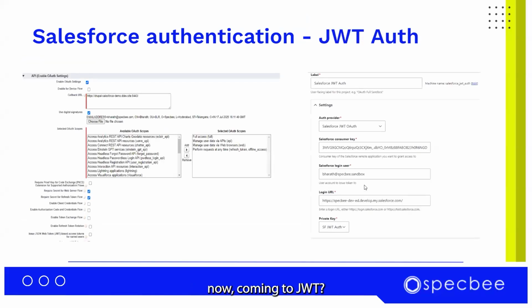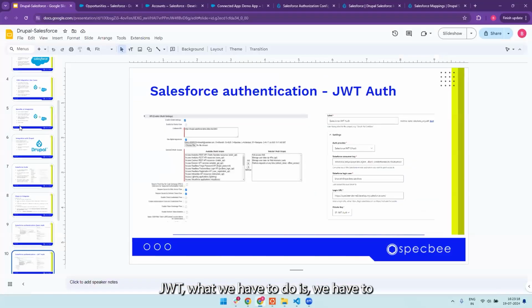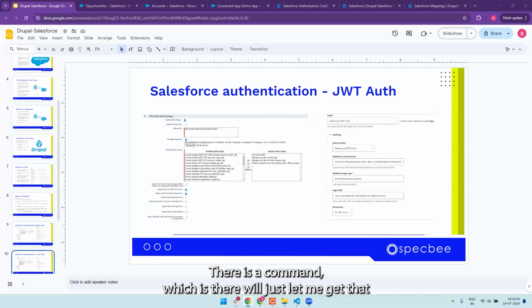Now coming to JWT. For JWT, what we have to do is create a public private key. There is a command for that.